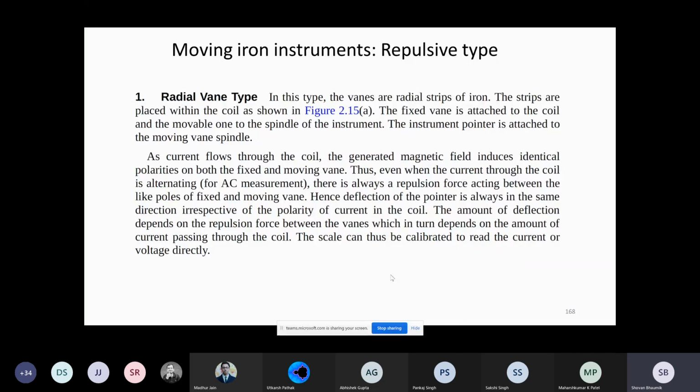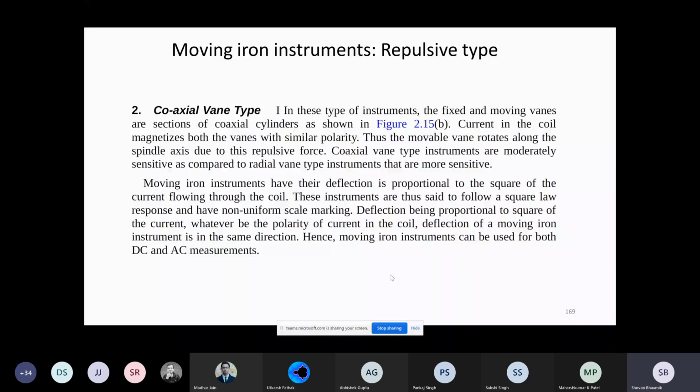Now, if you see the coaxial vane, that's the one in many figures I showed. This is most popular. In this type of instrument, the moving part and the fixed part are coaxial circular cylinders, although the gaps between the two cylinders are not the same at each point. So that's what I emphasized.